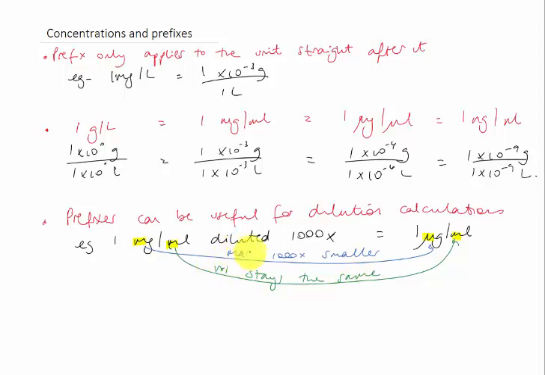Okay, so the mass gets 1,000 times smaller, but the volume stays the same. So we can depict that simply by changing the prefix. And I'm just going to show you, so we've got 1 times 10 to the minus 3 grams in 1 times 10 to the minus 3 litres. And then we divide the grams by 1,000, which is the same as multiplying by 10 to the minus 3.